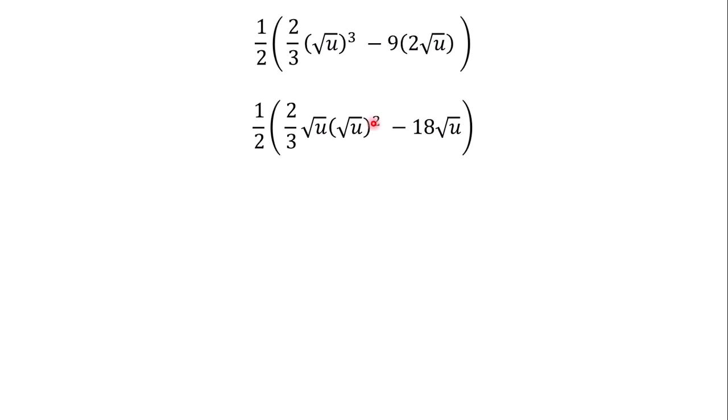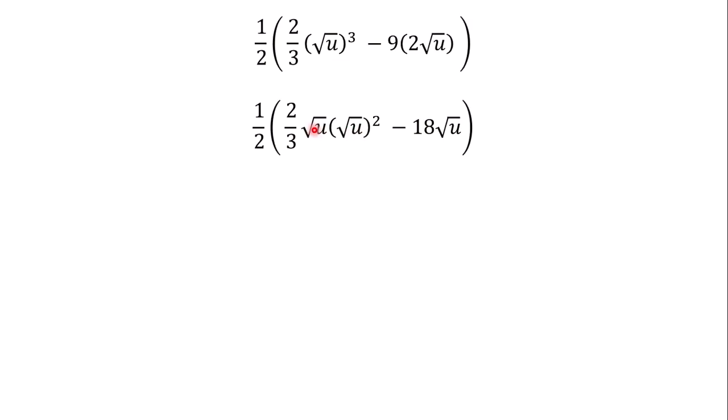Now before we open the bracket, let's deal with this: square root of u into bracket square root of u raised to the power 2. The value of this square root sign is half, and that half multiplied by these two gives us 1. So this square root sign and these two will cancel out, leaving us with u.